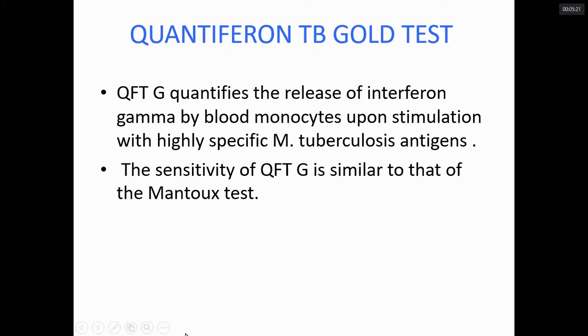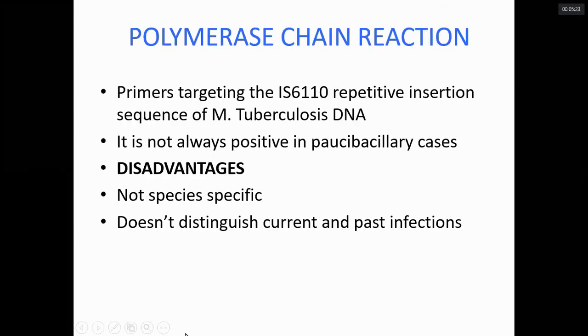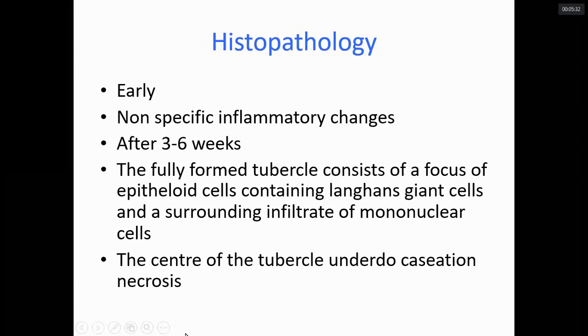And we have already discussed the QuantiFERON TB Gold test and PCR, that is GeneXpert. PCR is also important for the diagnosis of drug resistance. In histopathological examination, in early lesions we find non-specific inflammatory changes, but after 3 to 6 weeks, the fully formed tubercle is seen.